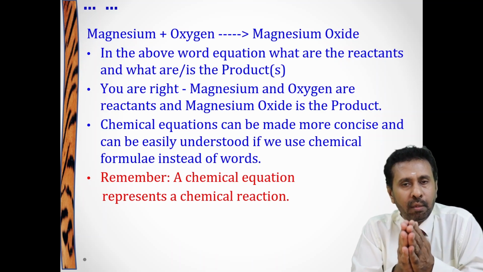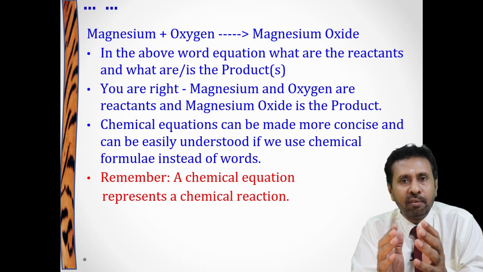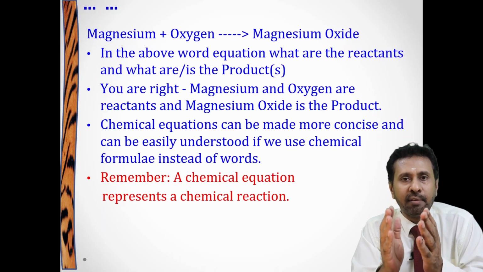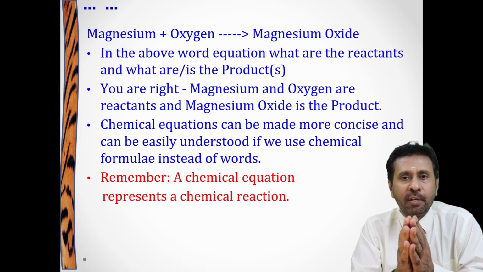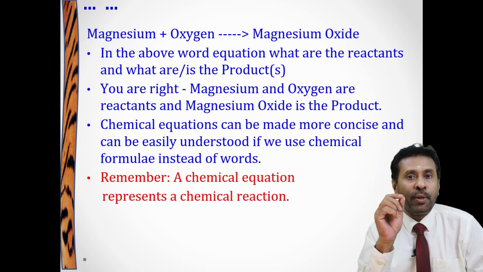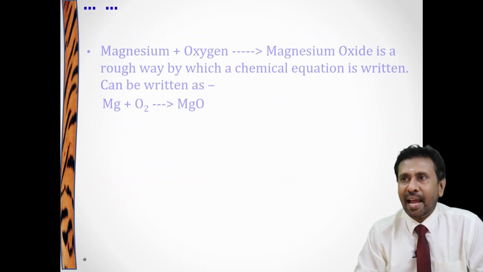A chemical equation is nothing but the actual chemical reaction, and it gives the complete picture of the conditions and the state of matter of the elements that take place in that particular reaction. In the coming videos we are going to discuss all this. In this video, let us just have the basic concept.